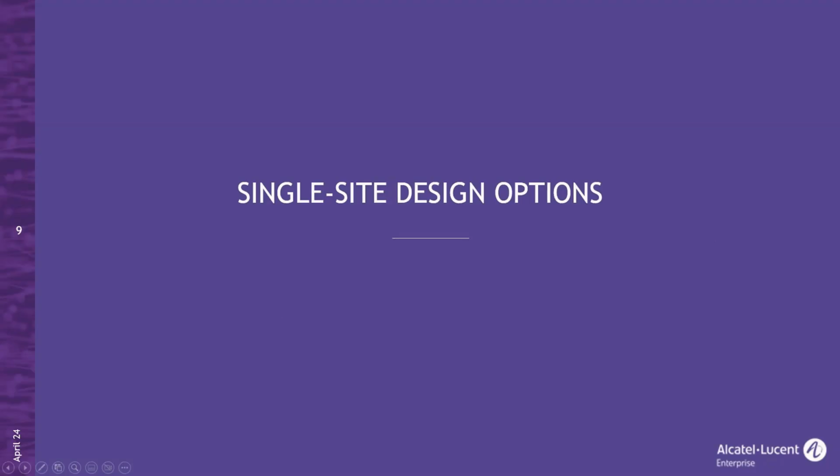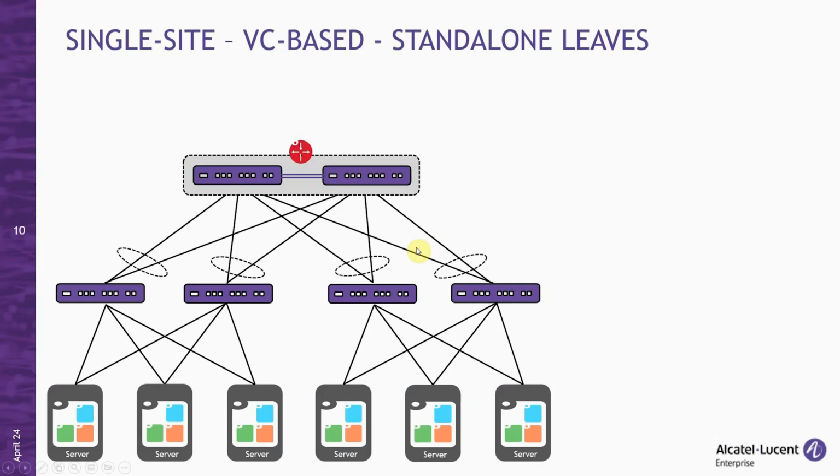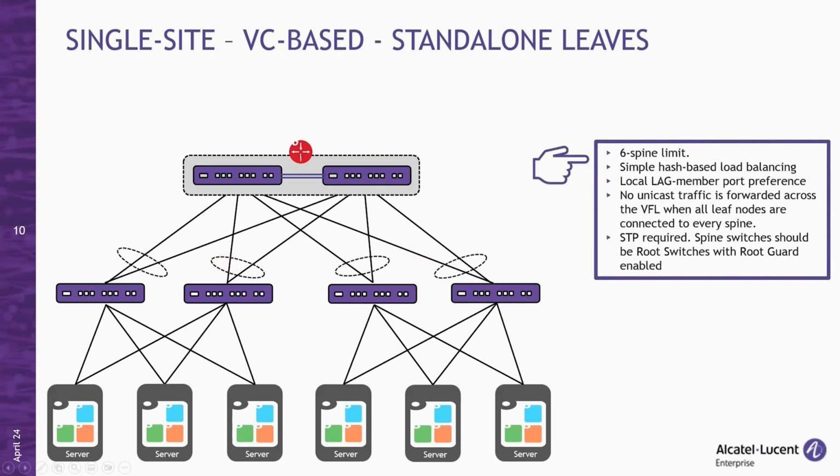So now we will cover the single-site design options of your data center. The first option is using a virtual chassis-based layer 2 architecture. The spine nodes are clustered together in a virtual chassis. Leaf nodes may or may not be clustered in a virtual chassis depending on whether the hypervisors will be attached through LACP aggregates or not.